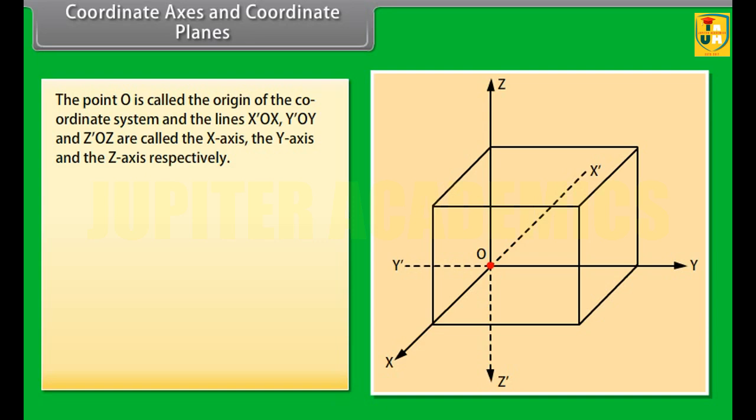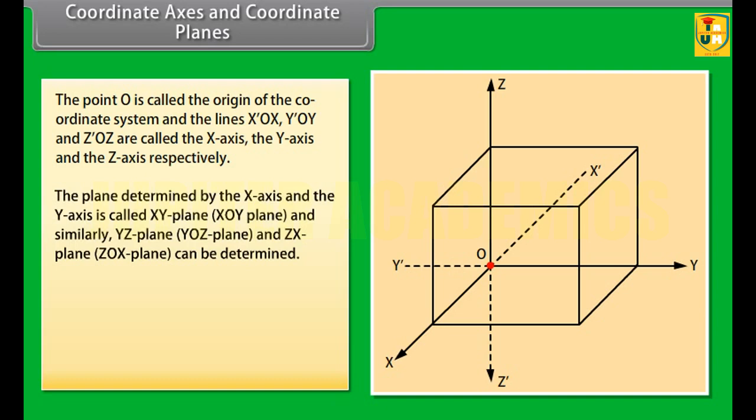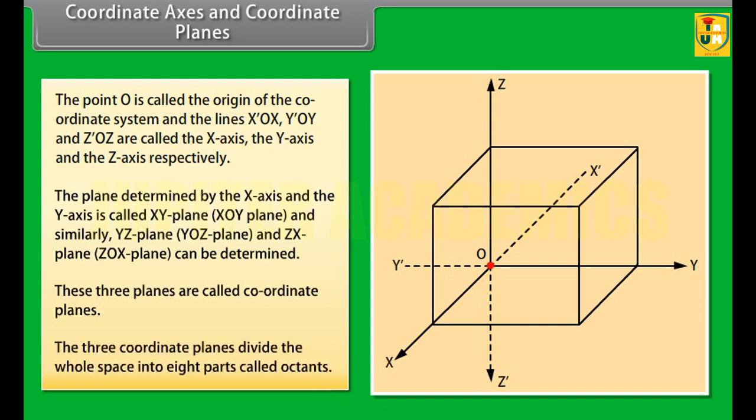The positive direction of the axis is indicated by arrows with thick lines. The plane determined by the x-axis and the y-axis is called the XY plane, that is, XOY plane, and similarly the YZ plane, that is, YOZ plane, and the ZX plane, that is, ZOX plane can be determined. These three planes are called coordinate planes. The three coordinate planes divide the whole space into 8 parts called octants.